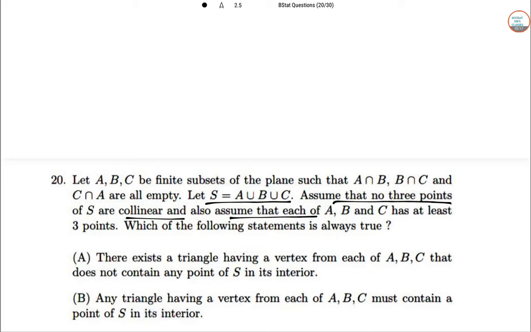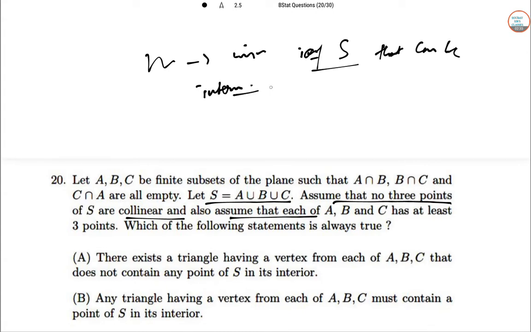So let n be the minimum number of points of S that can be in the interior of a triangle that has a vertex from each of A, B and C. So such triangle ABC where a belongs to A, b belongs to B and c belongs to C in this way.